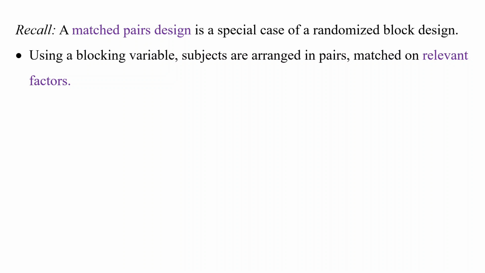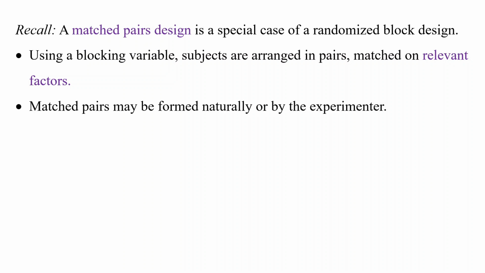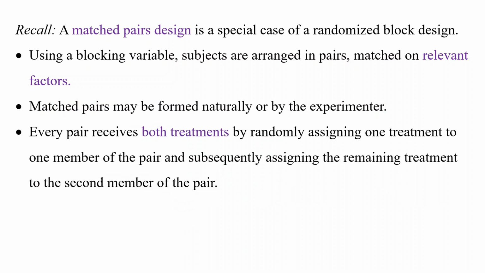You could have 2 subjects into pairs, like I'm describing here, or you could have 1 subject receive 2 treatments. Okay, so those are the 2 classic setups that you see. Matched pairs may form naturally or they may be set up by the experimenter. But each pair receives both treatments.